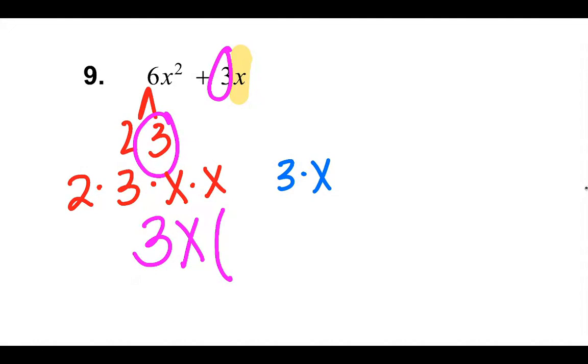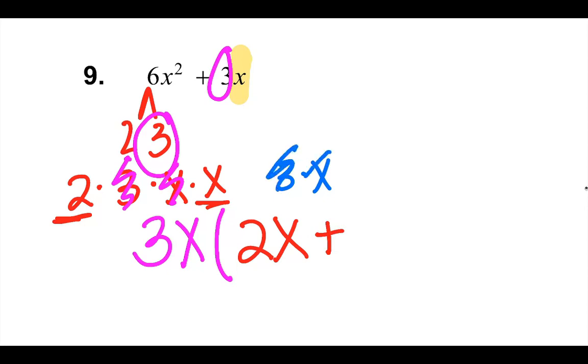I took out the 3 and an x here, so I'm left with a 2 and an x. That's going to go on the inside. Plus, I already took out the 3 and the x, so there's nothing there. If there's nothing there, you put a 1 to hold the place.